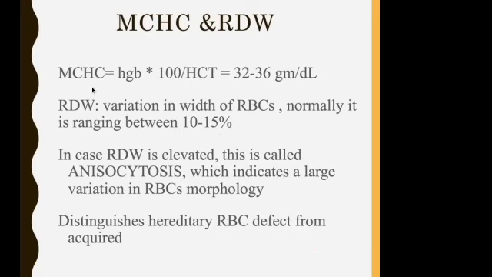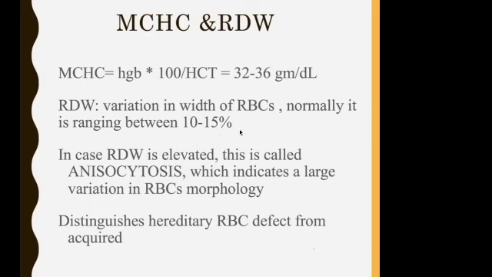So normally, I'm going to give you some numbers that are not accurate, okay? Let's say, for example, that for a single patient, RBC widths range from 100 to 115.